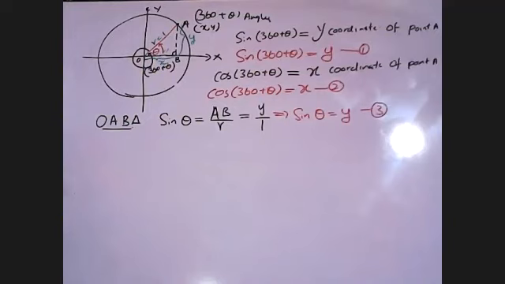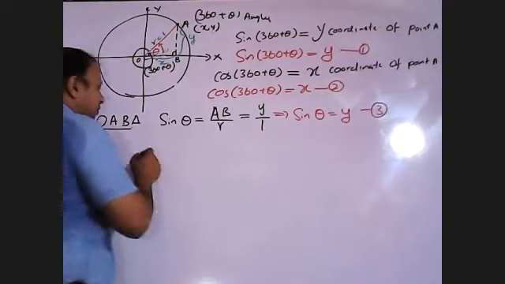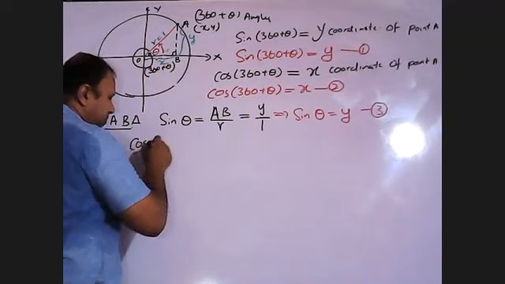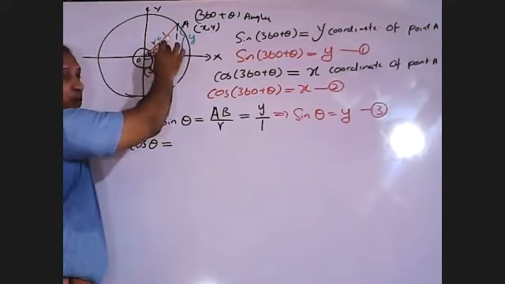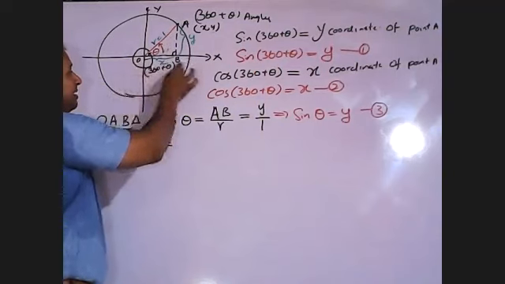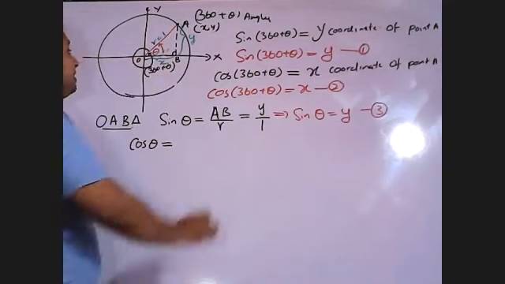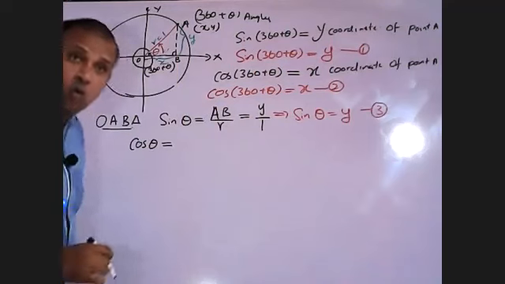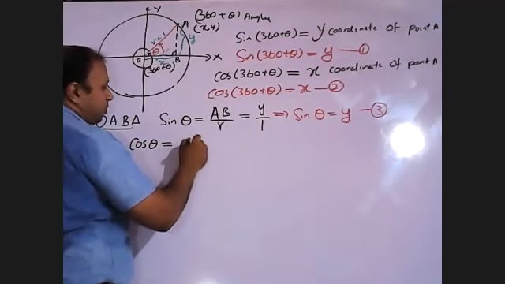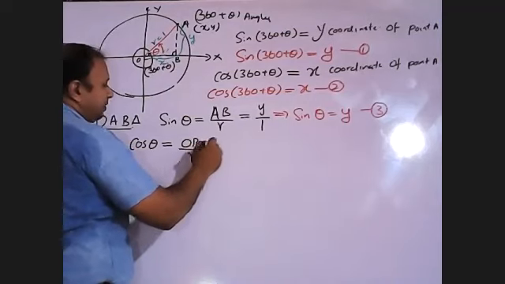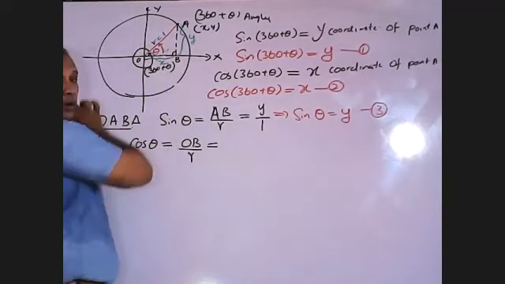Then I can write an expression for cos theta. Cos theta is equal to the adjacent side over the hypotenuse. Now the adjacent side, OB, is equal to x.